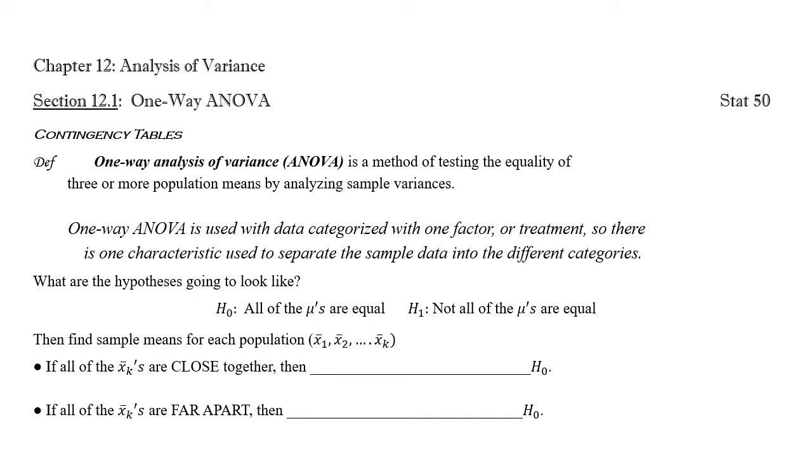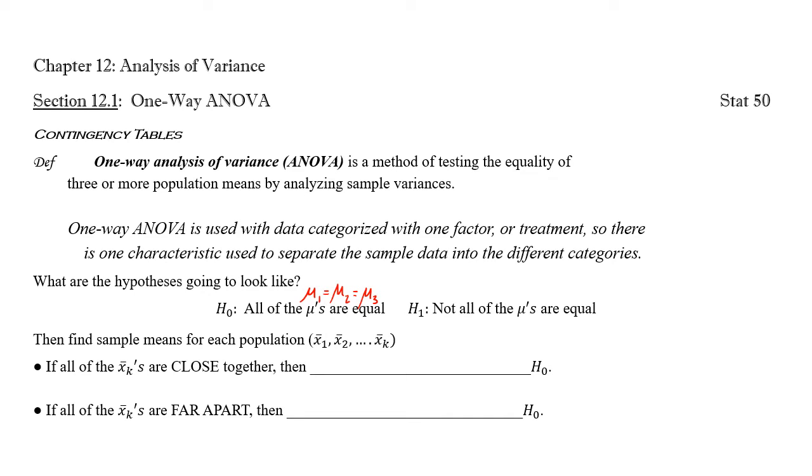The null hypothesis will be that all the means from each sample come from populations with equal means. So for instance, if I have 3 samples, then our null hypothesis would be that mu1 is equal to mu2 is equal to mu3.